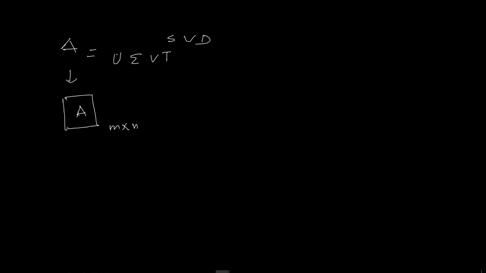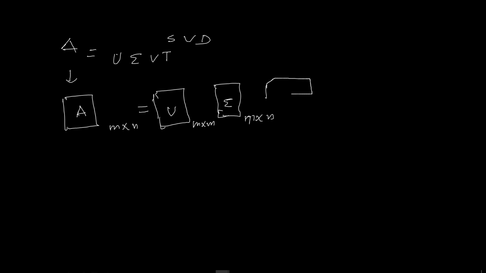Here you have U, whose dimension I am writing as M cross M. Then you have a matrix sigma with dimension M cross N. Then you have V transpose, another matrix, with dimension N cross N. This is what we call the eigenvalues.